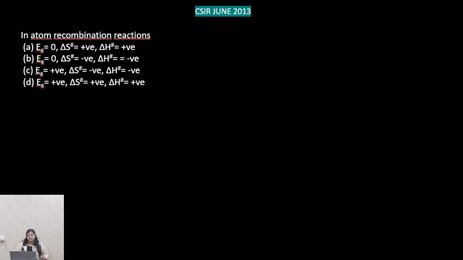So for that, the first question is on the atom recombination reaction. Atom recombination is, suppose two of the atoms A and A are combining and A2 is getting formed, right? So in this case A and A combine and an AA bond is getting formed. So bond formation is taking place.